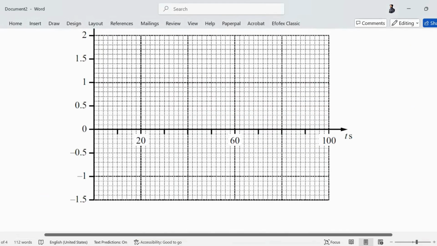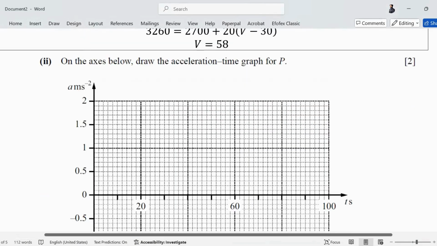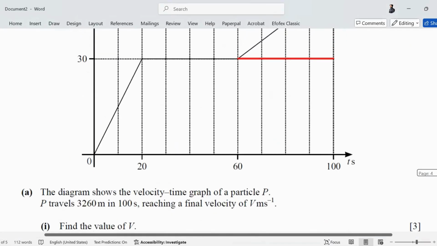The question says, on the axis below, draw the acceleration time graph for P. Acceleration, how do we get the acceleration from a velocity time graph? Differentiation, or the gradient of the velocity time graph. For the first 20 seconds, can you tell me the gradient? 30 upon 20, which is 1.5.